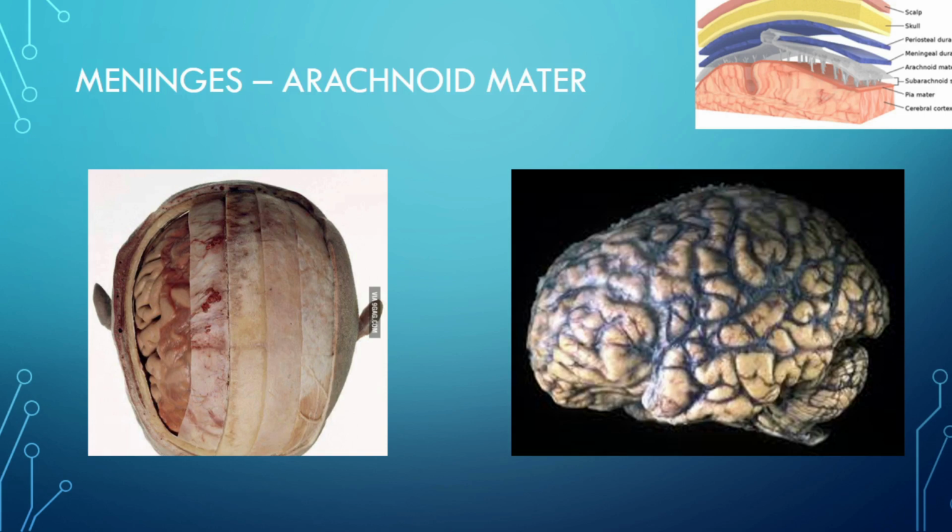Also within this space that lies beneath the arachnoid layer, we call it the subarachnoid space, we have CSF. So cerebrospinal fluid is floating within this layer, essentially bathing the brain in this fluid.